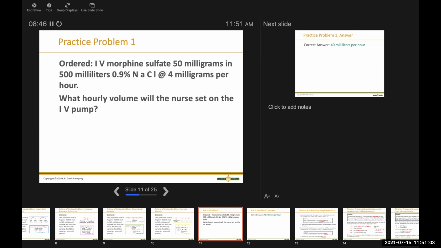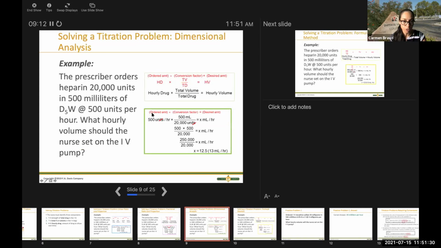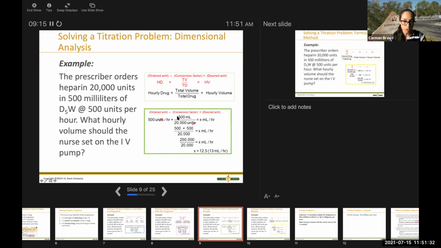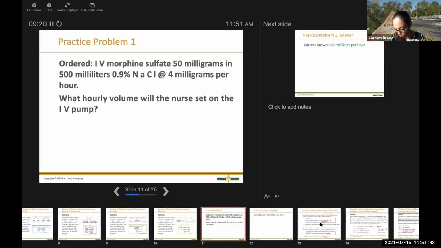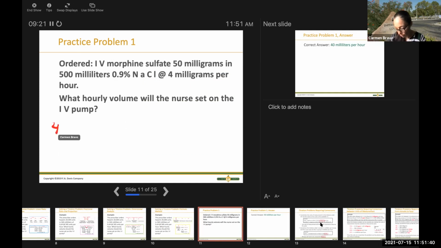So you have that order. It's morphine, 50 milligrams in 500 milliliters, at 4 milligrams per hour. The first thing we want to do is put the order amount first and then do the conversion. So my order amount is 4 milligrams.